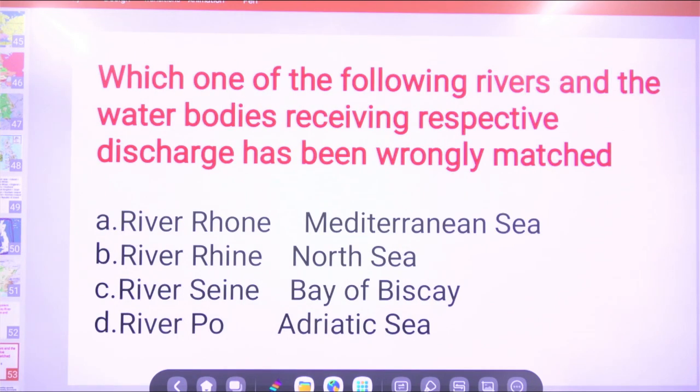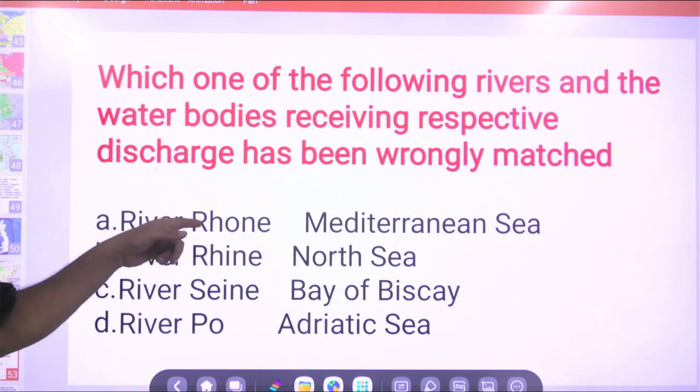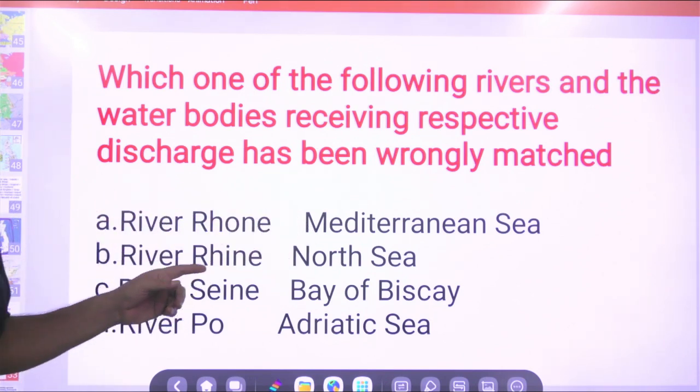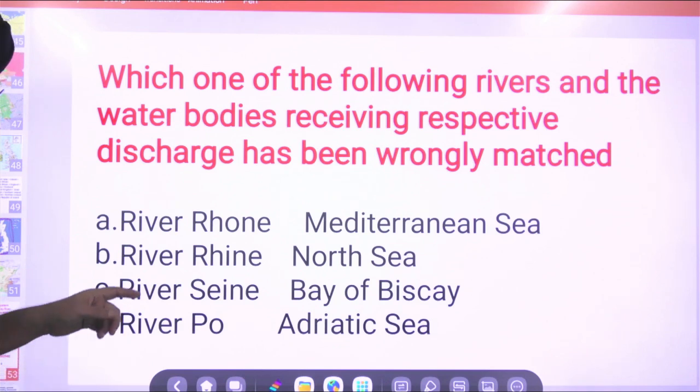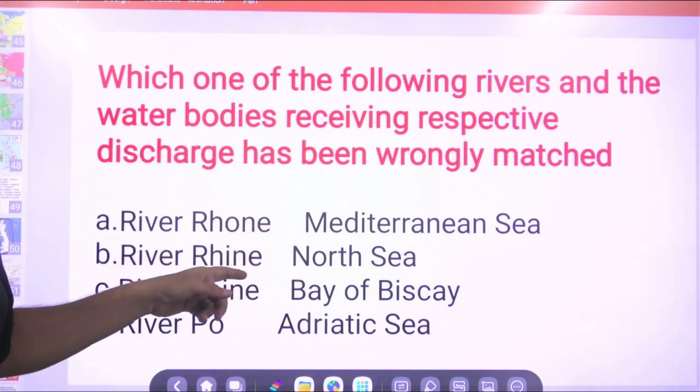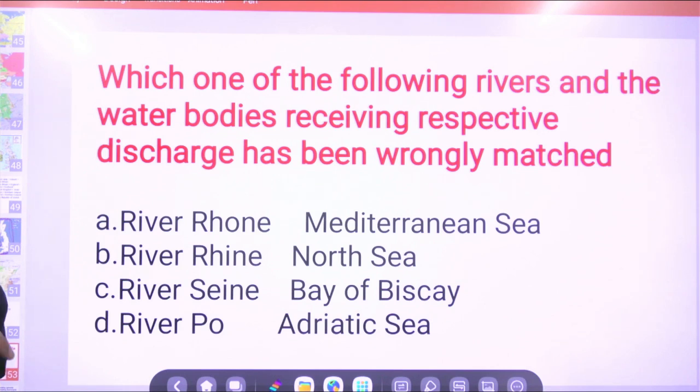Now let's see another question. Which one of the following rivers and water bodies receiving respective discharge has been wrongly matched? River Rhone, Mediterranean Sea, correct. River Rhine, North Sea, correct. River Seine, Bay of Biscay. No, this is in the English Channel.